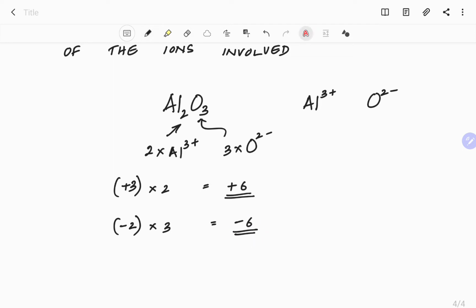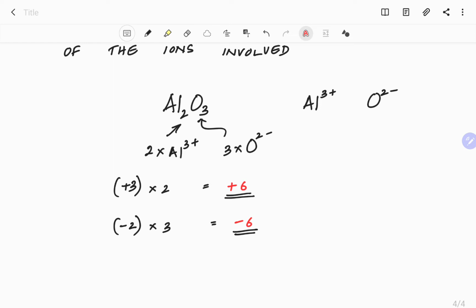So as you can see, if the ionic formula is accurate, the total positive charge from the cations should be equal to the total negative charge from the anions.